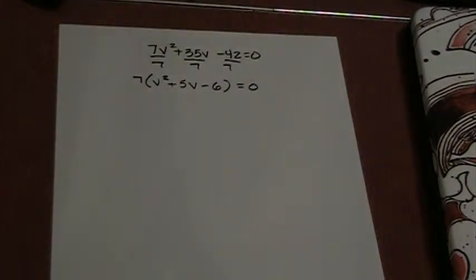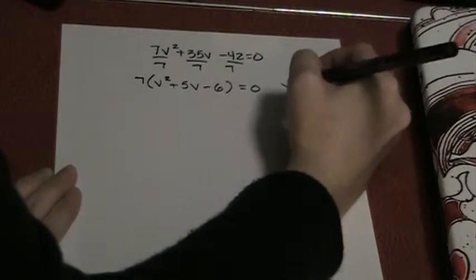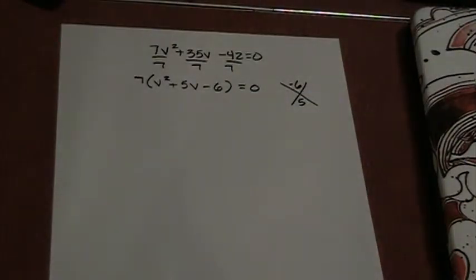And so now I create the X puzzle for just what's in the parentheses. So my C value goes in the top, my B value goes in the bottom, and now I need two numbers that multiply to equal -6 but add to equal 5. And so the factors of 6 are 6 and 1, but also 3 and 2.